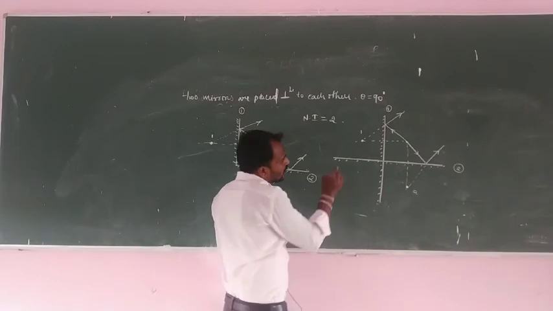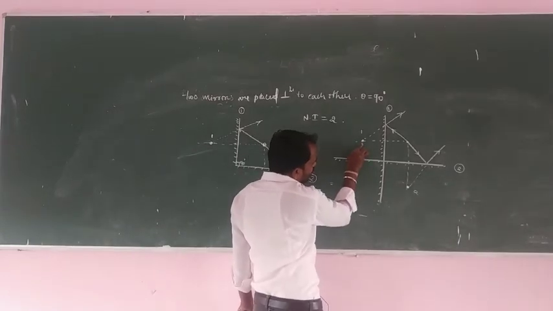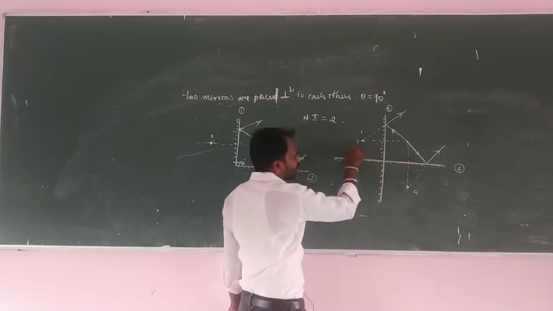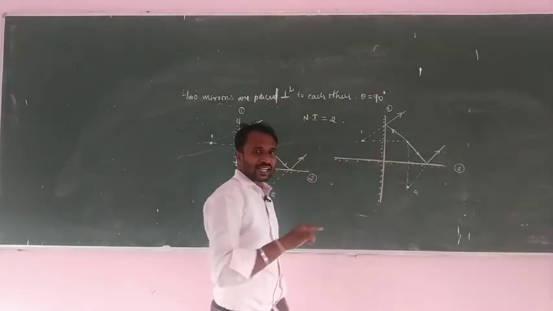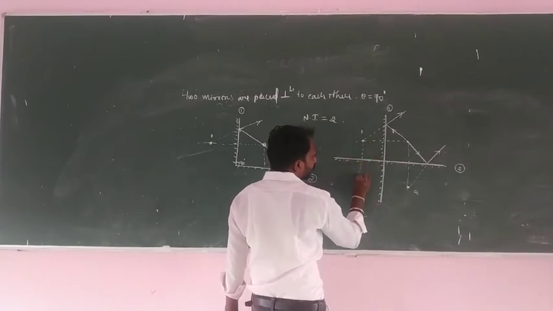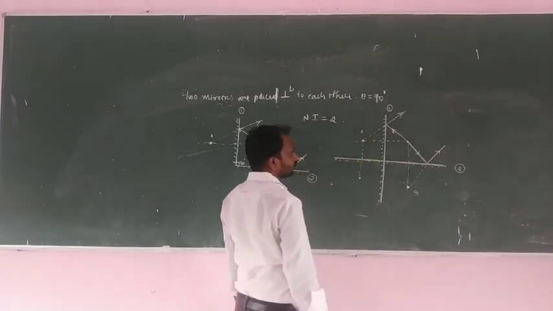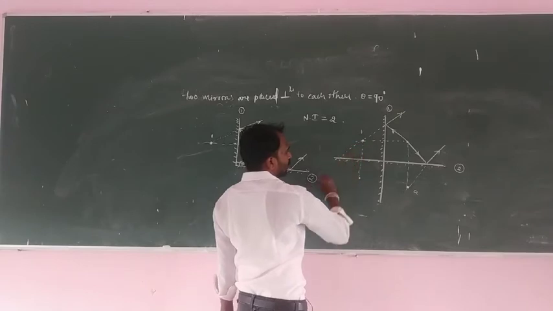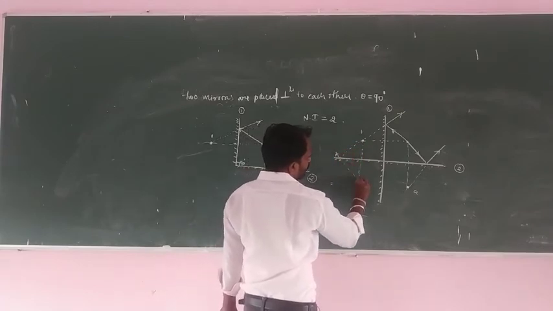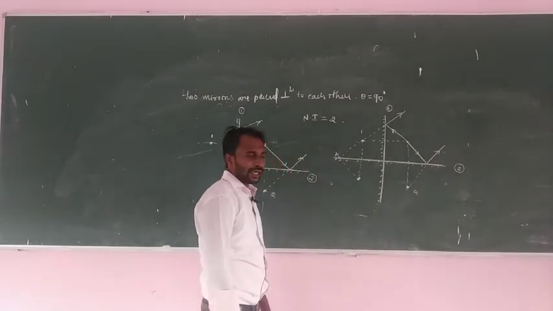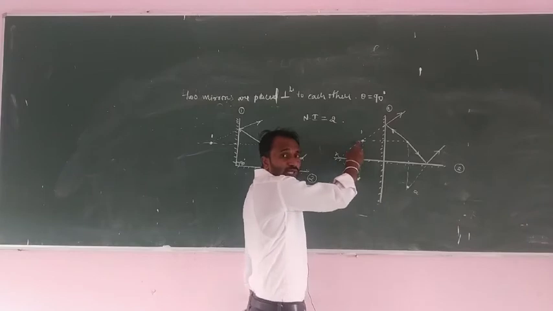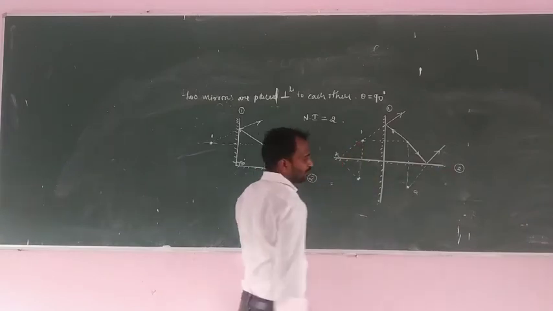Okay, so the first image is a virtual object for the second mirror. Then we will get an image here. So this one is image S. This image is formed by the virtual object of the second mirror.